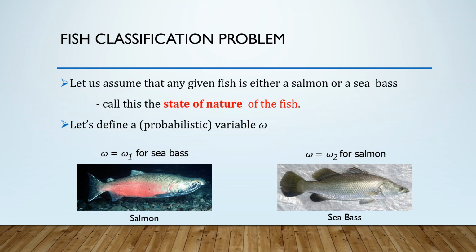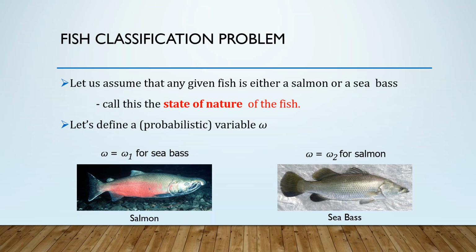The difference between classification and clustering has already been taught in the first lecture video. If you don't know that concept, please refer to that video in this pattern recognition lecture series. This fish classification problem is what we are going to solve using the Bayesian decision theory.